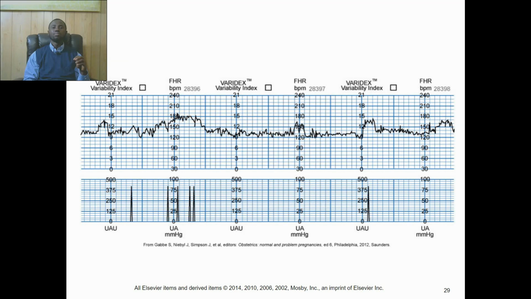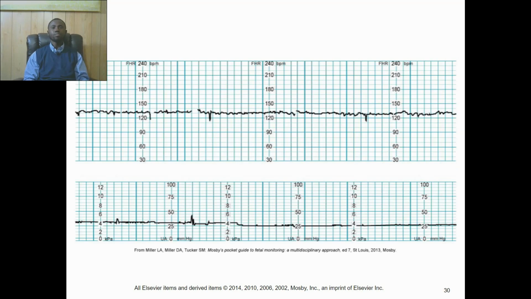So if the pregnancy is less than 32 weeks, then instead of 15 for 15 seconds, it will be 10 beats per minute for 10 seconds. Fetal heart rate accelerates 15 beats per minute or more than the baseline, lasting 15 seconds or more, with at least 2 fetal movements in a 20-minute period for it to be considered as reactive.